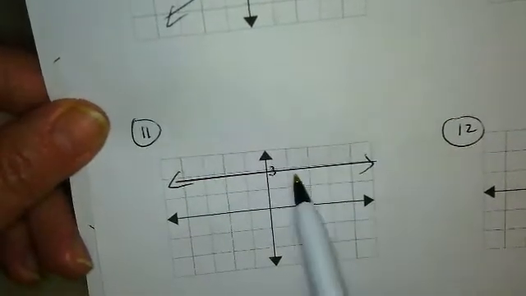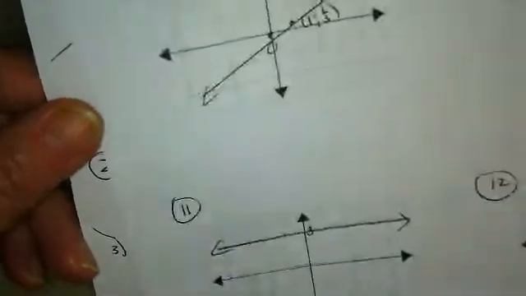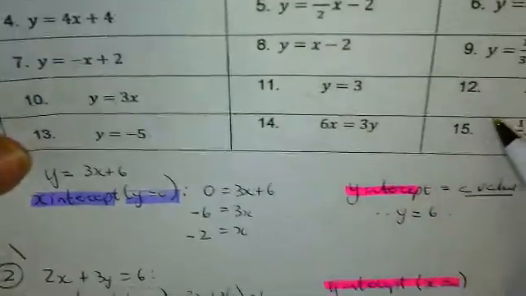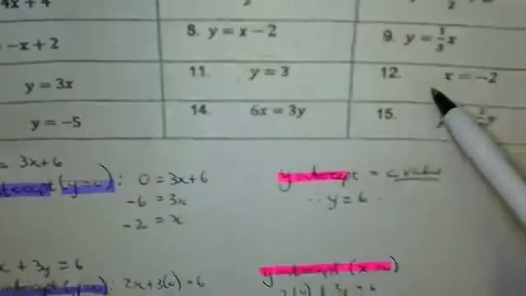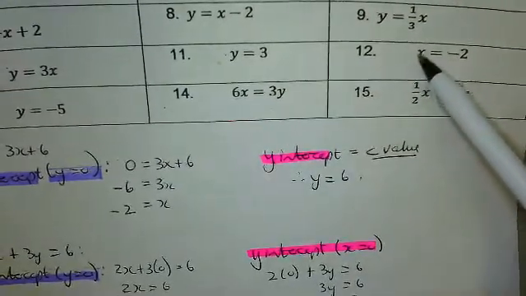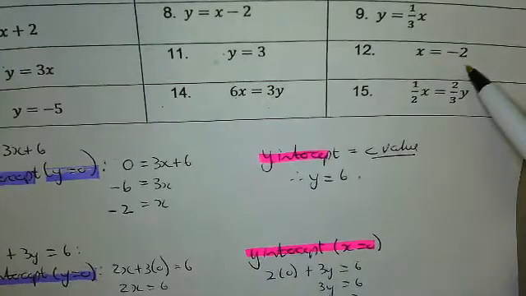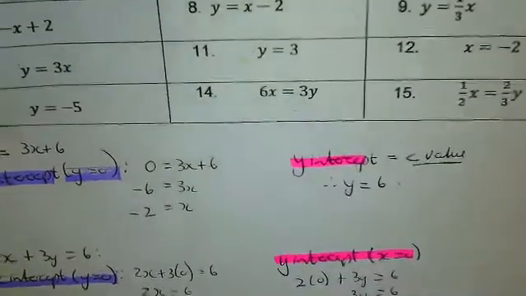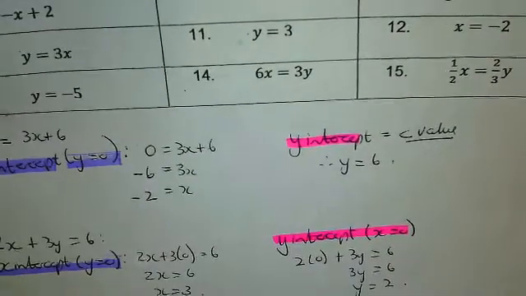How do I know to do that? You only see the y value in your equation. If you go to number 12, it is now only x is equal to negative 2. Now if you look at your x, negative 2, that will be a vertical line.